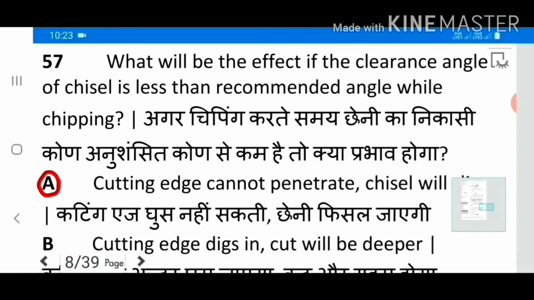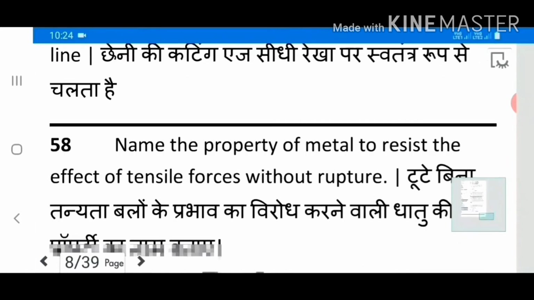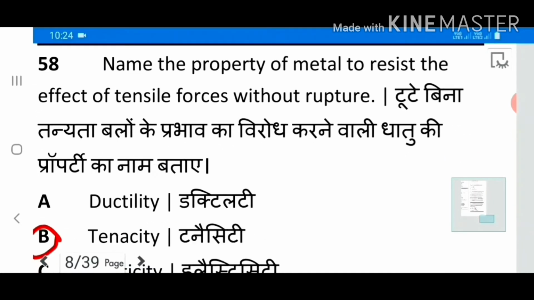57. What will be the effect if the clearance angle of chisel is less than recommended angle while chipping? Answer A. Cutting edge cannot penetrate. Chisel will slip. 58.